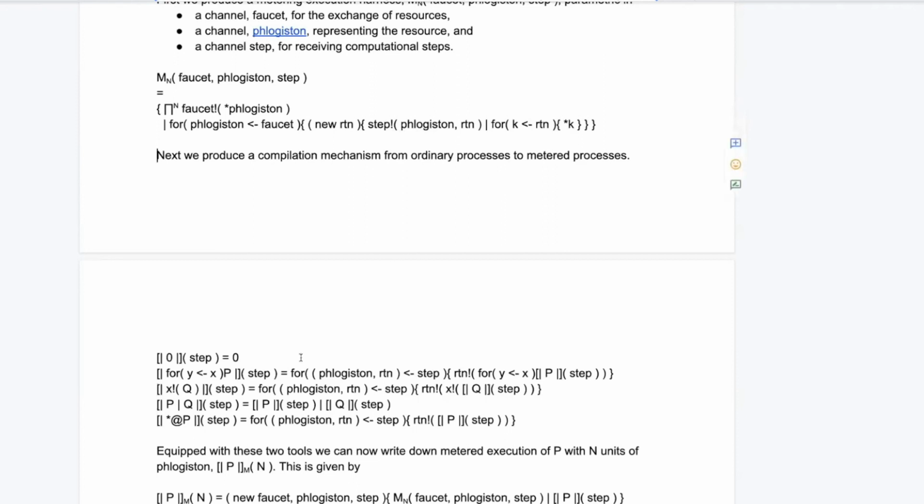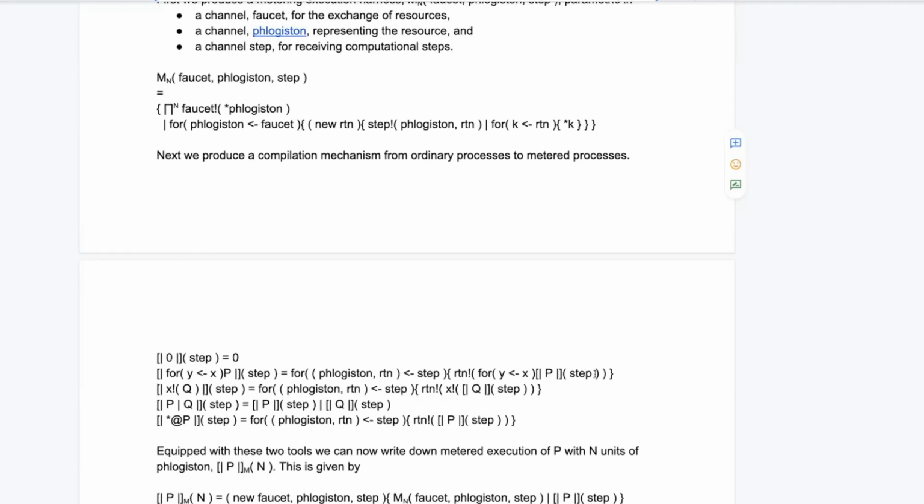And so now you can define a transformation on the rho-calculus like this, right? So 0 with the step is just 0. A for comprehension with the step will wait from the step for the return channel and the phlogiston, and send the for comprehension in which you've translated the continuation with the step.